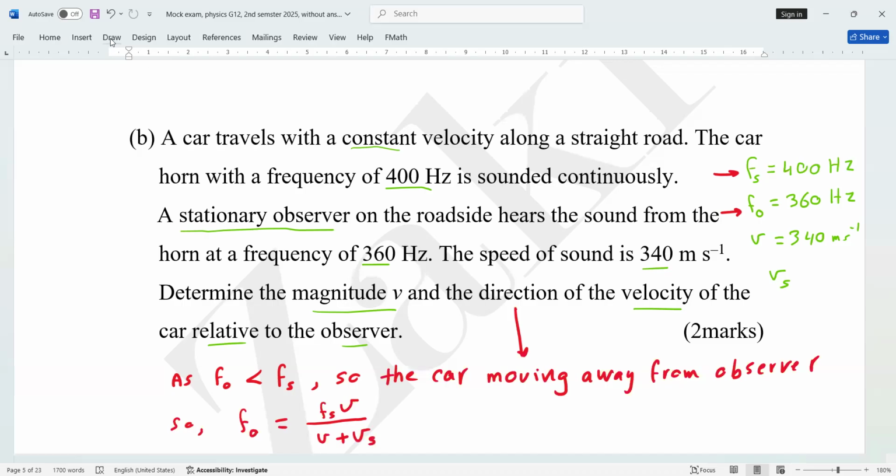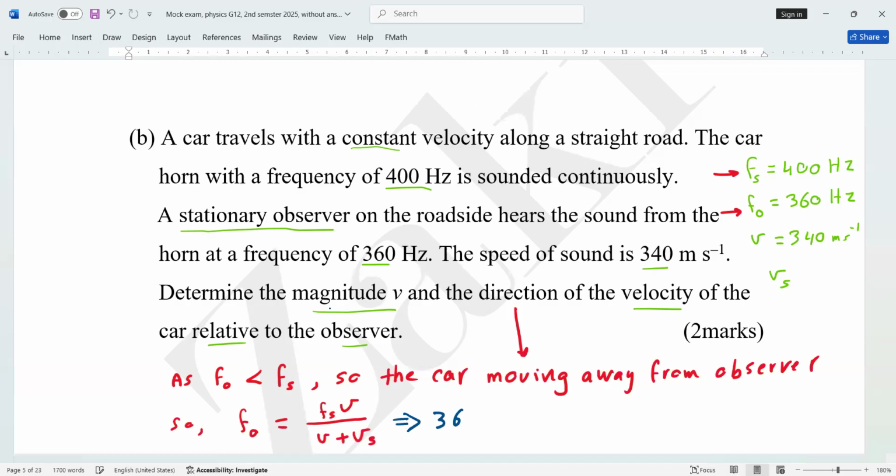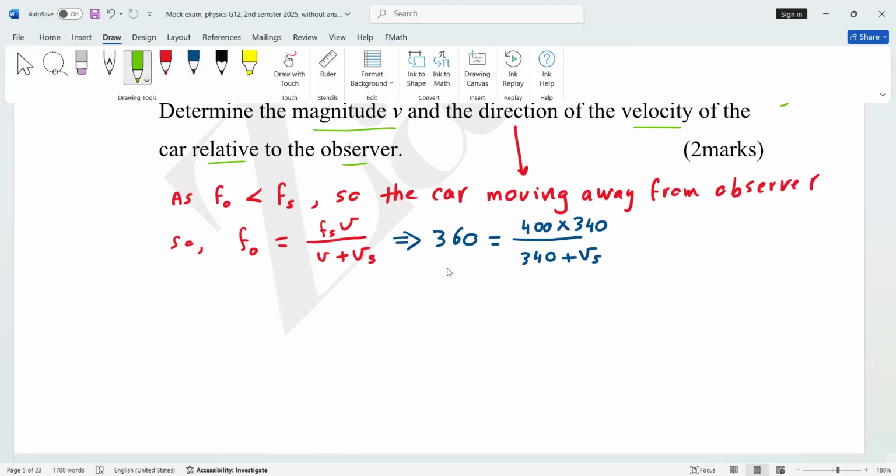Now we substitute. From this relation, F naught is given 360. Fs also is given 400. Multiply V, the speed of sound in air, 340, over 340 plus Vs. Now we need to calculate Vs. How to calculate Vs? We do cross multiplication. Then this is over 1.